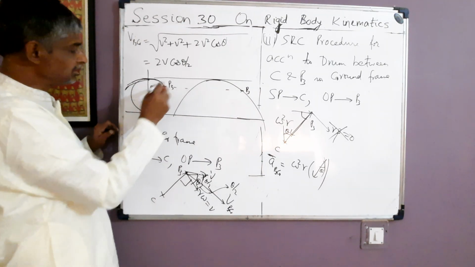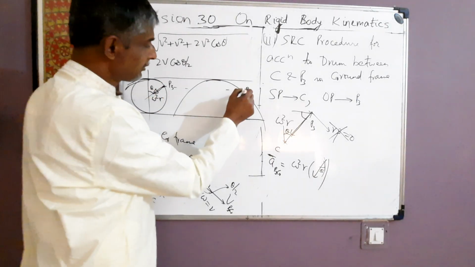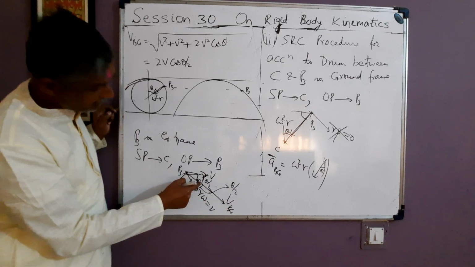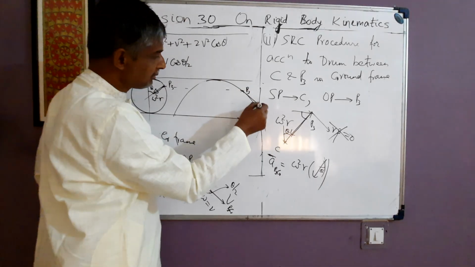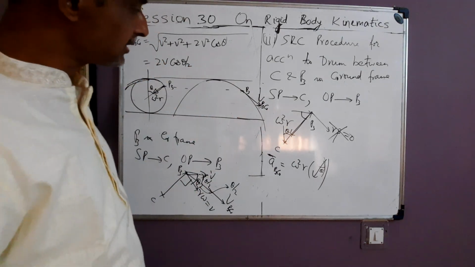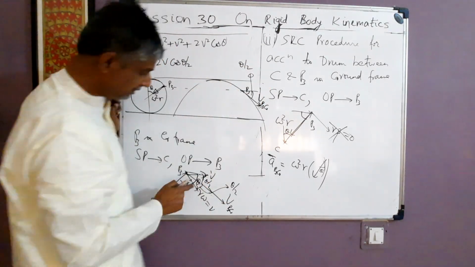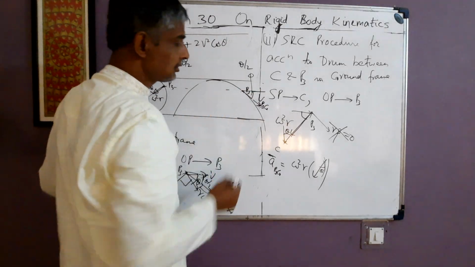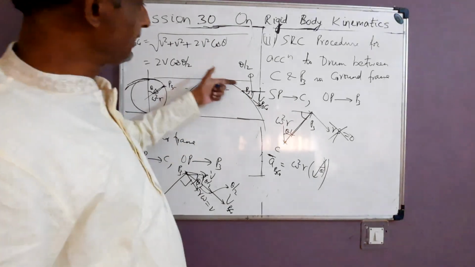We have determined the acceleration of P3 with respect to ground, which is simply omega square R. And the velocity of P3 is tangent to the path. But its velocity Vp3g makes an angle of theta by 2 with the rightward horizontal, tangent to this cycloidal path. So Vp3g makes an angle of theta by 2 with the rightward horizontal.